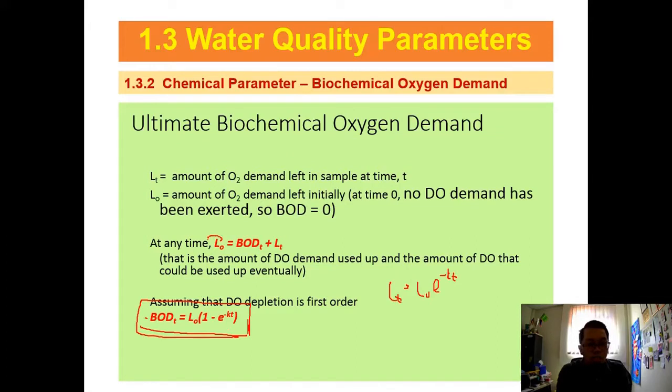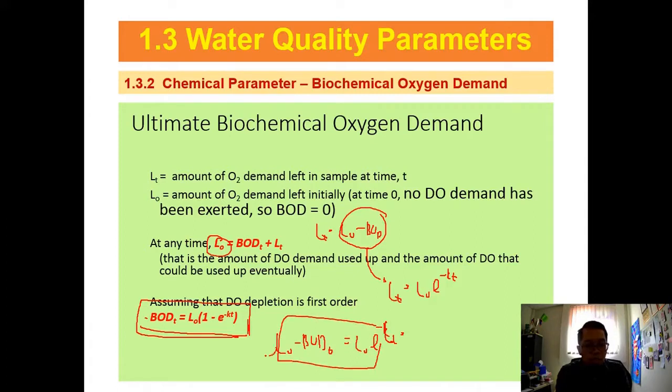We know L0 equals BODt plus Lt, so Lt equals L0 minus BODt. Substitute this in, so you get L0 minus BODt equals L0 exponent negative kt.